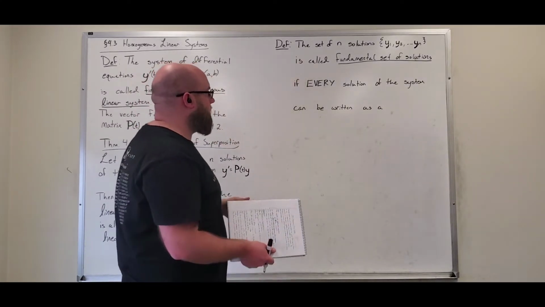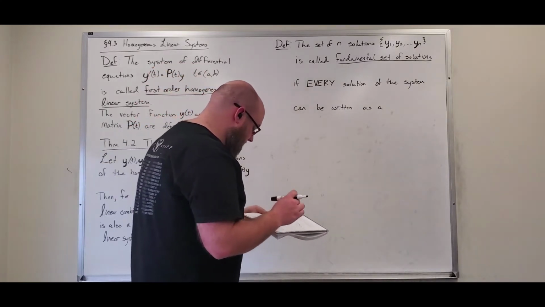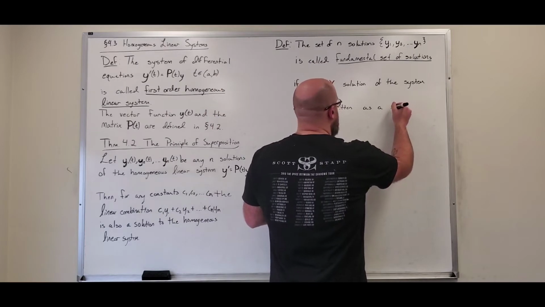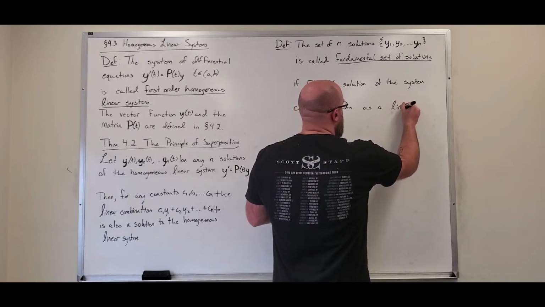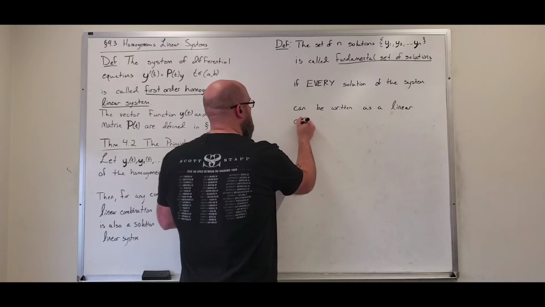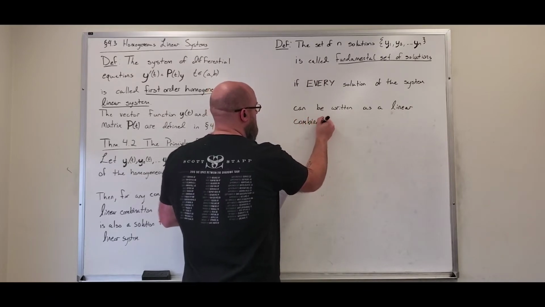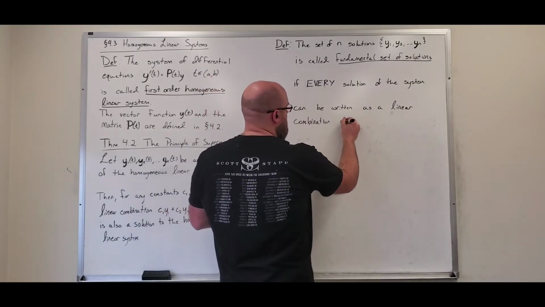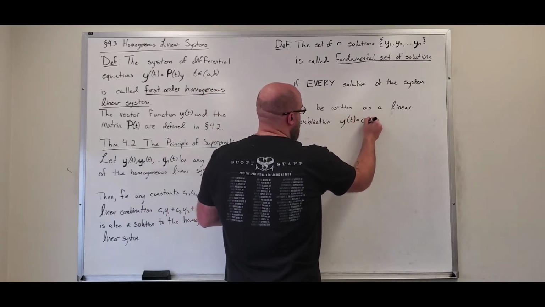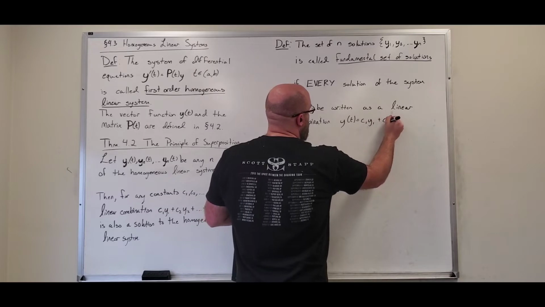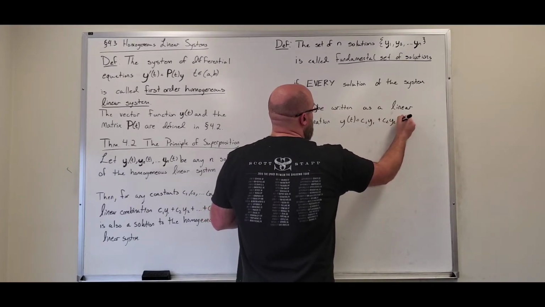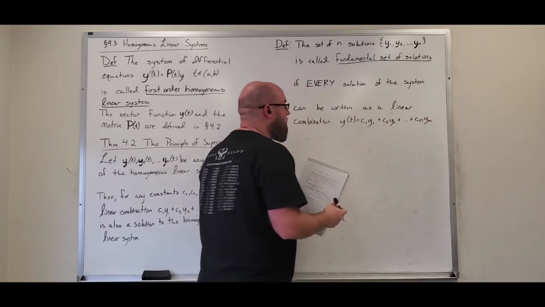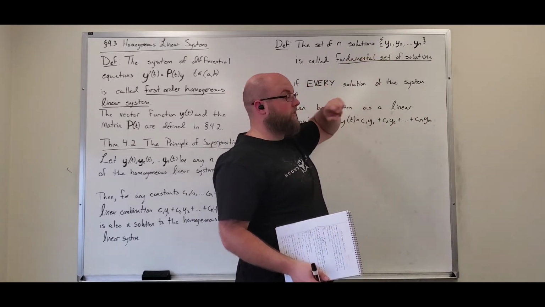If every solution of the system can be written as a linear combination, and again, y of t is equal to c1 y1 plus c2 y2 plus so on up to c sub n y sub n, and again, these are the vector functions defined at the beginning.